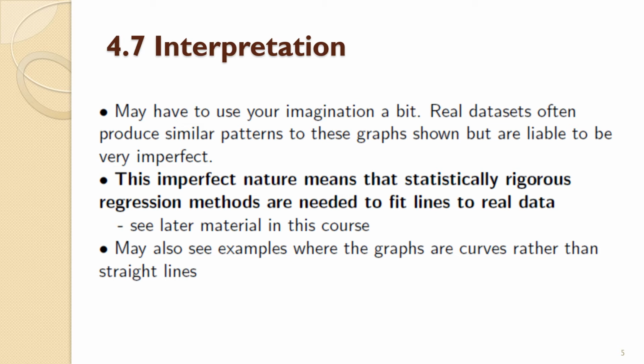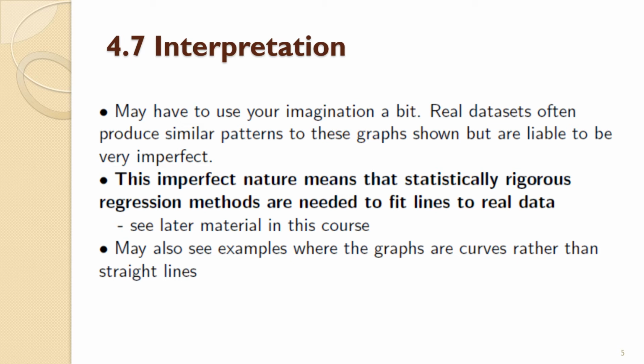When you see these sorts of graphs for real, they're imperfect, and their imperfect nature means that you need statistically rigorous regression models to decide which of these three scenarios applies. Statistically rigorous regression methods are needed for real data when the fit isn't perfect.